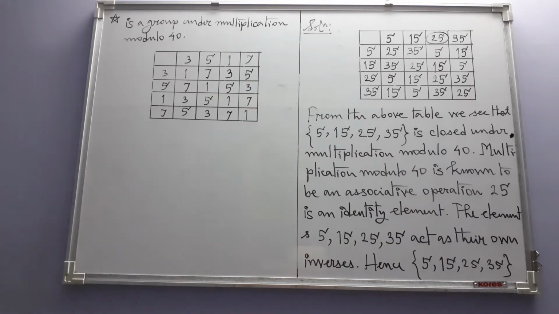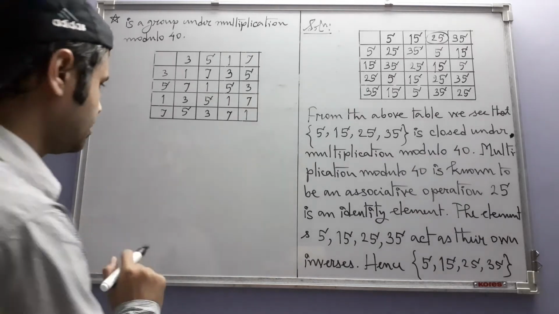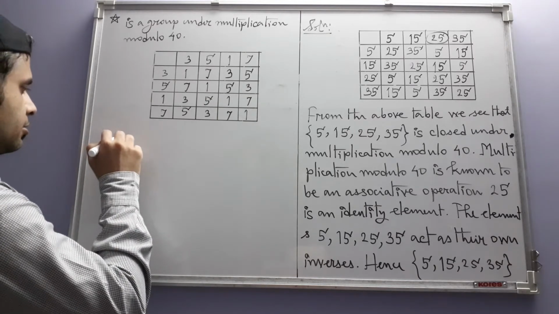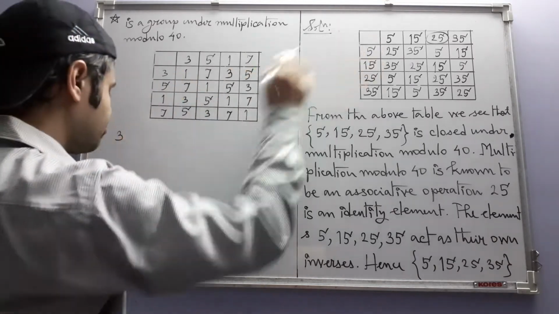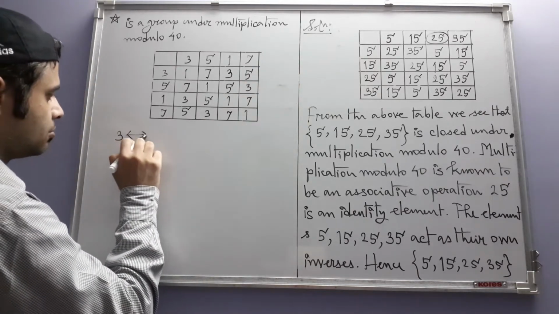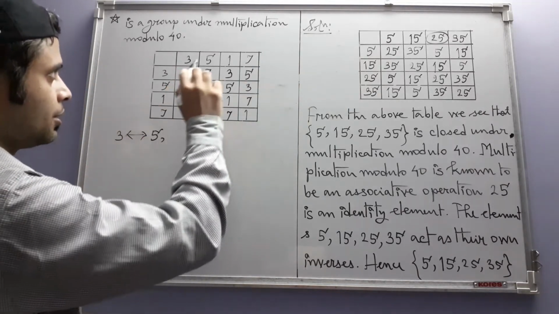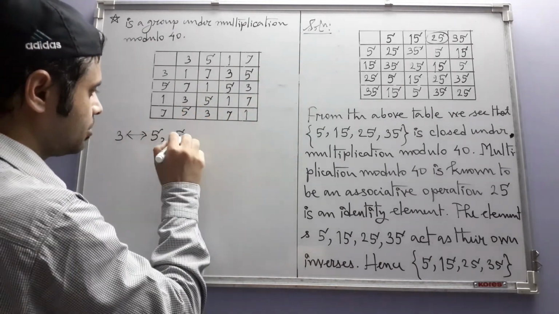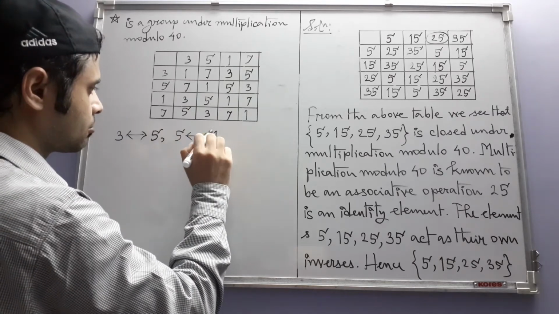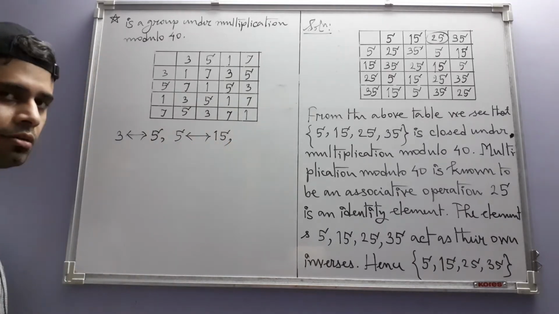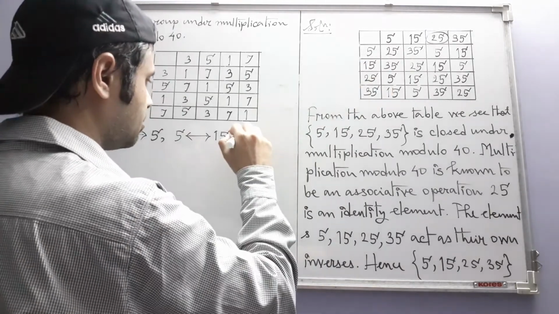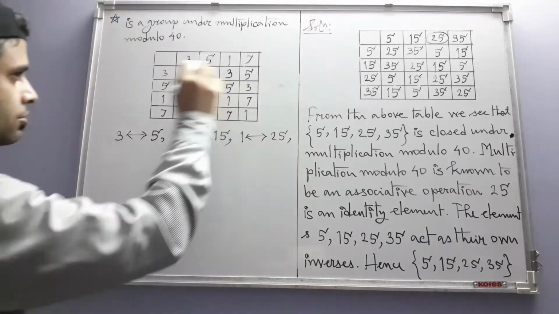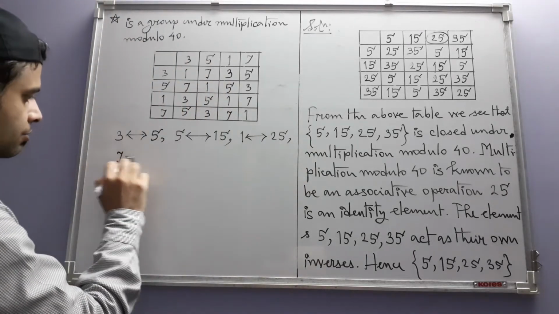So you see that if we make this association, that if we associate 3 of this group with 5 of that group, then we associate 5 with 15, 5 of this group and 15 of that group, associate 1 with 25, and we associate 7 with 35.